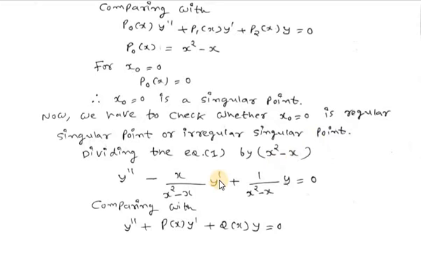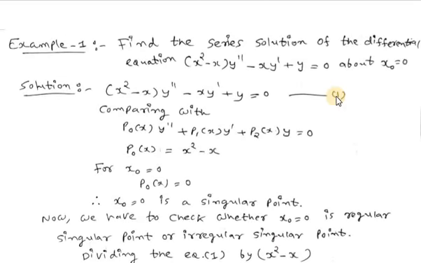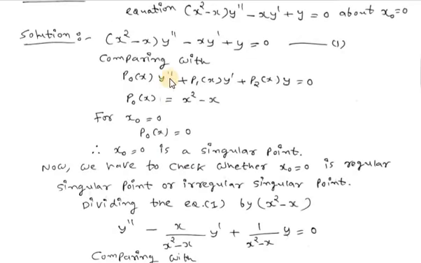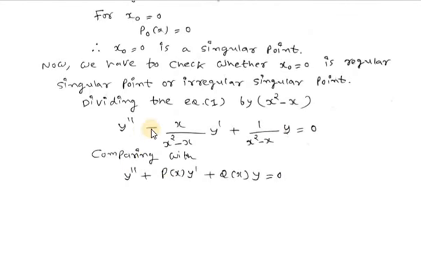For that purpose, we will divide equation 1 by the coefficient of y double dash, that is x square minus x. So we have y'' minus x over (x square minus x) y' plus 1 over (x square minus x) y equals 0. Now we will compare this equation with the standard form y'' plus p(x)y' plus q(x)y equals 0.